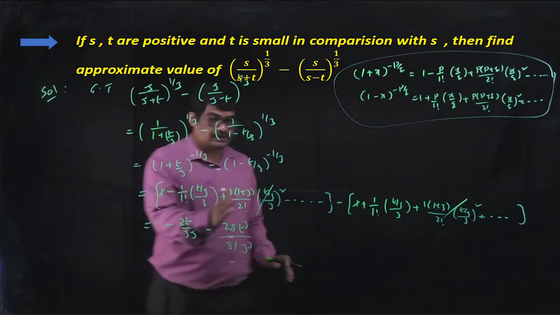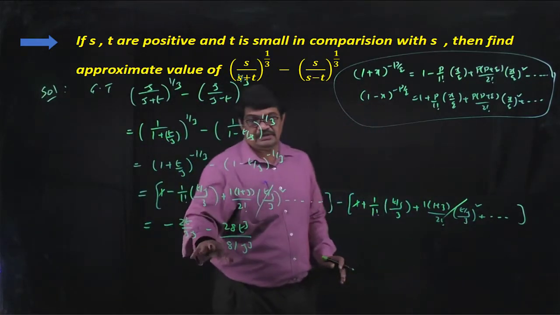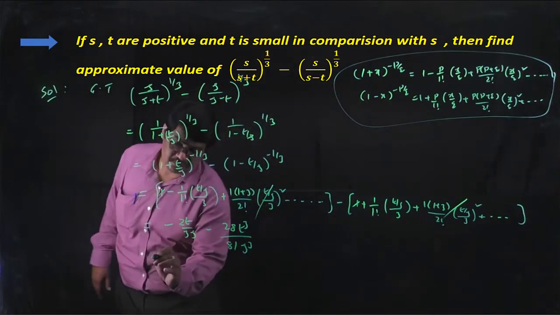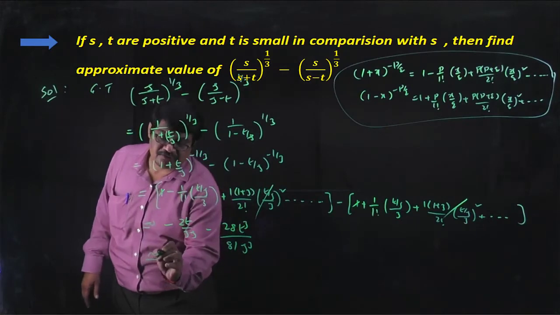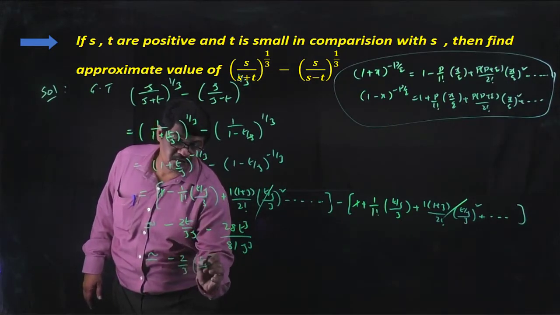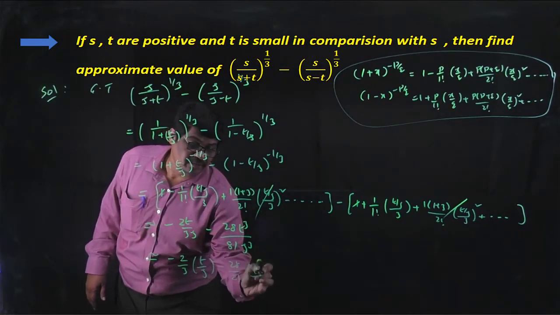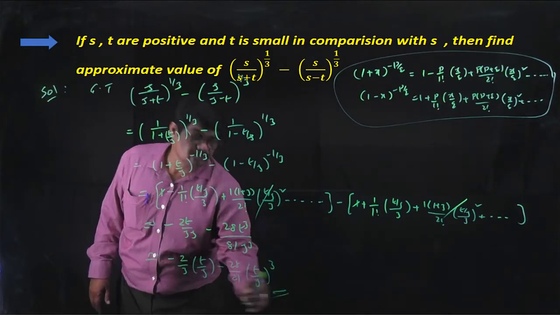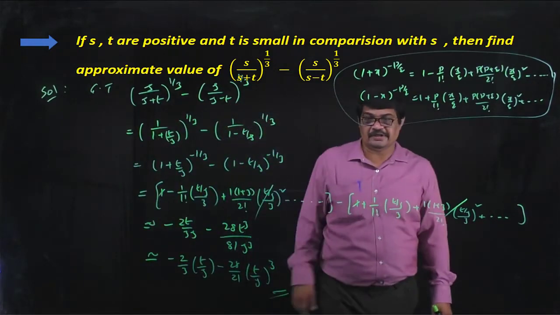So we are adding both terms, and this is the approximate value. The remaining terms we are neglecting. Therefore the approximate value is minus 2 by 3 into t by s minus 28 by 81 into (t by s) whole cube. This is the approximate value of the given expression.